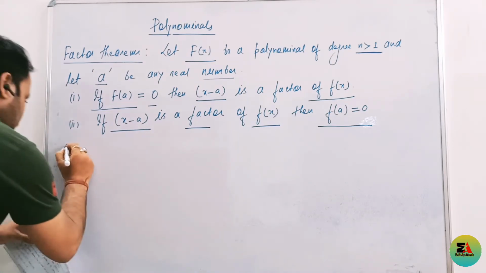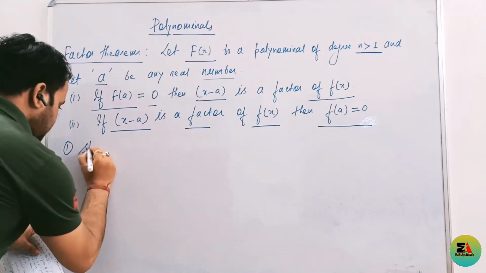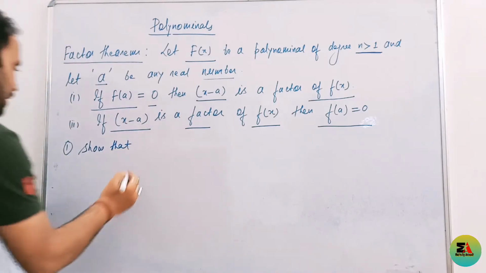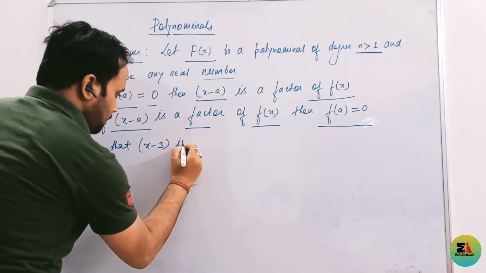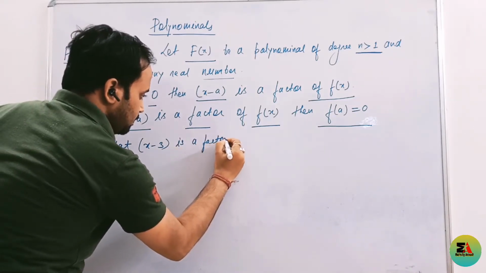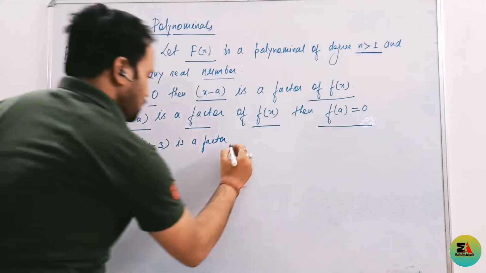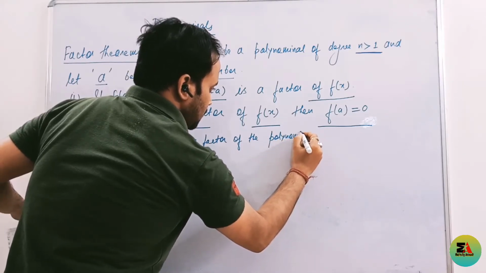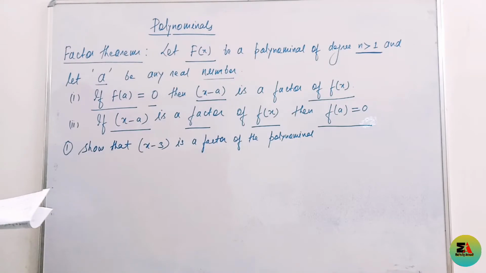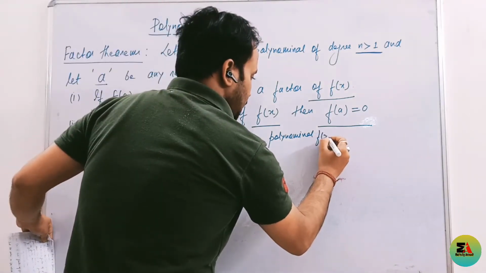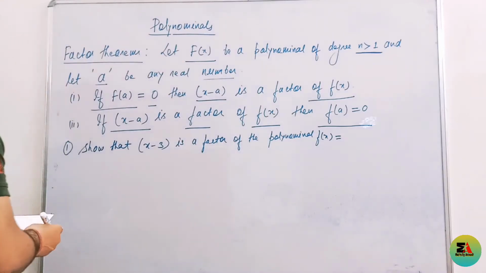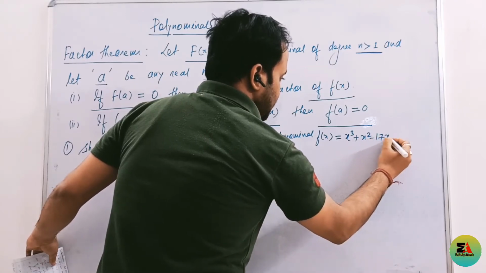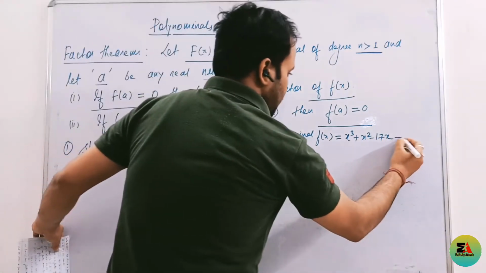Now, this is example first. Show that x minus 3 is a factor of the polynomial f(x) is equal to x cube plus x square minus 17x plus 15.